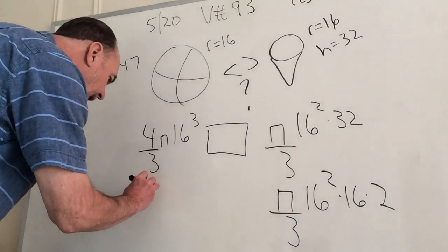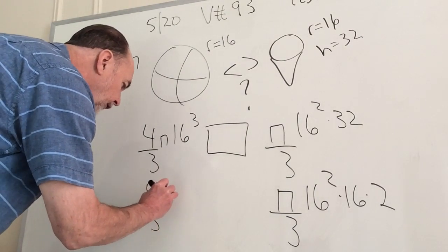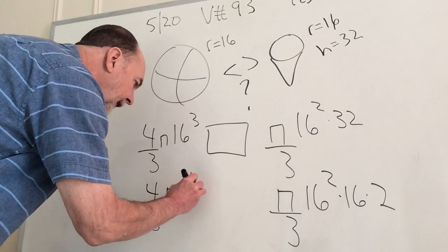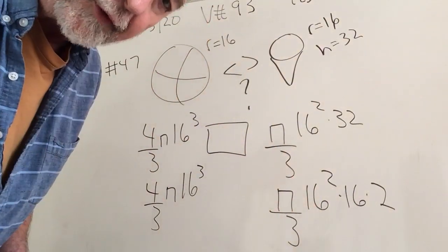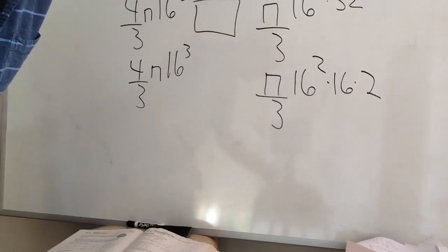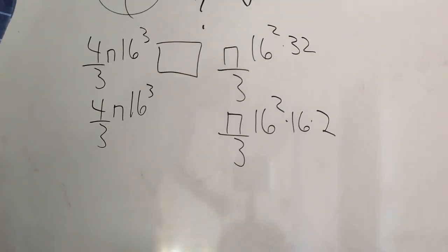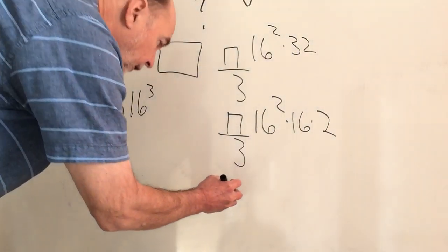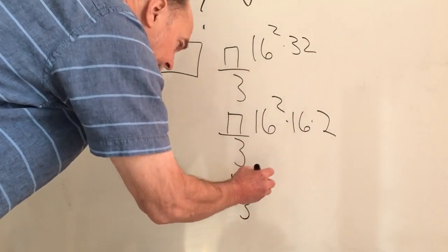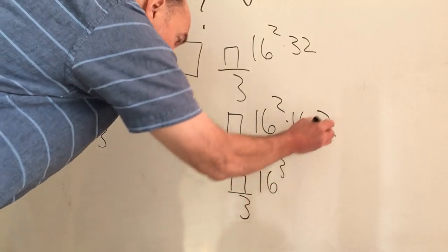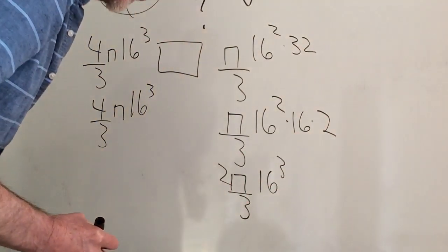And then I'll just bring this down so you can see what's going on. And it's so obvious that this becomes 16 cubed. We'll move this down to the very bottom here so you can get everything. So this just becomes pi over 3, 16 cubed. And then the 2 just tattles over here, right?